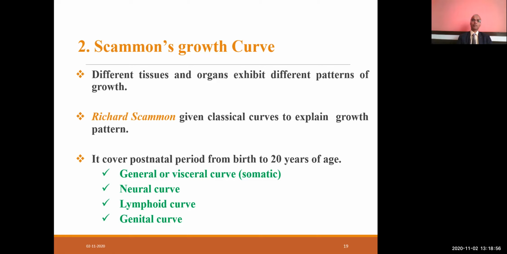And they gave the classical curves to explain growth pattern. So these classical curves cover the postnatal period from birth to 20 years of age. And these curves are general or visceral curve, also called somatic curve, neural curve, lymphoid curve, and genital curve.